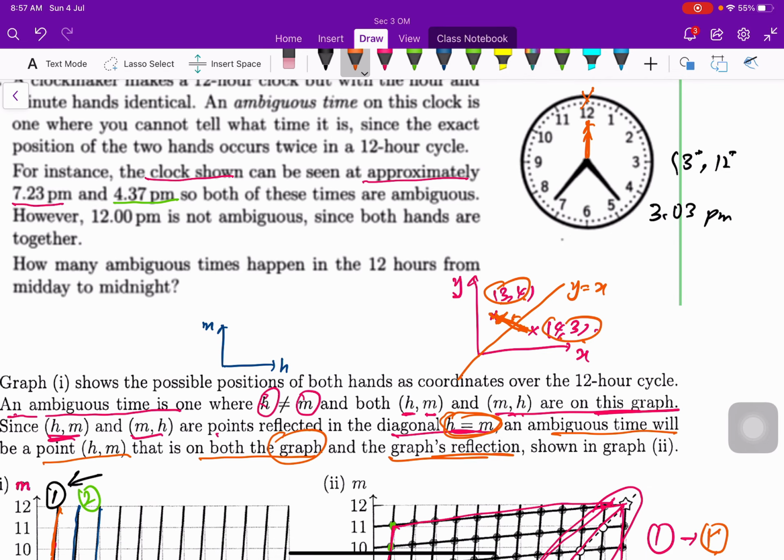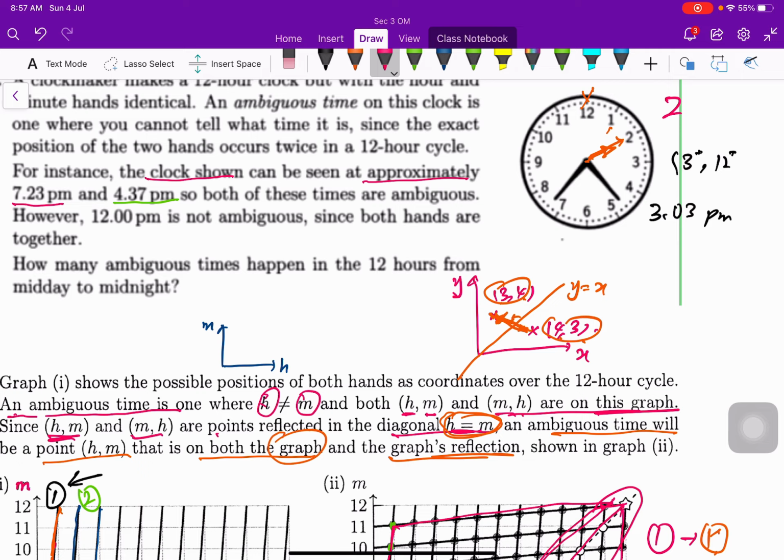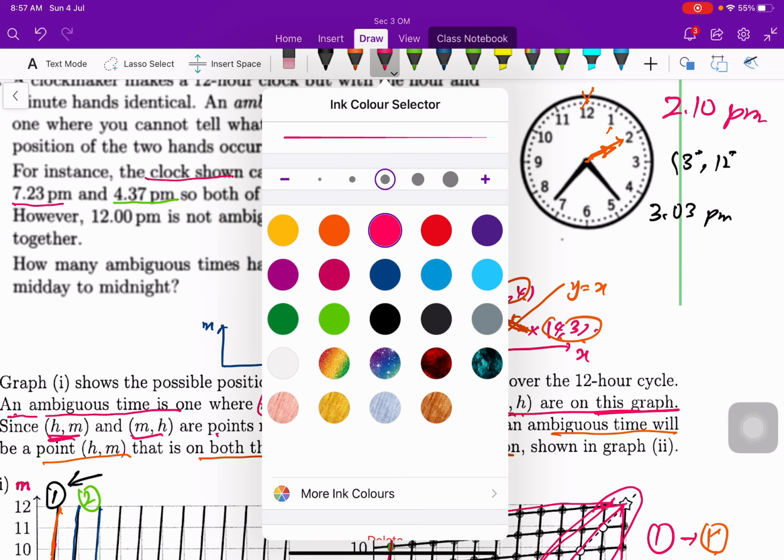And also, just to remind you, in a properly functioning clock, you don't see the hour hand at 2 o'clock, and then you also have the minute hand at 2 o'clock here, right? Because that means your clock is not functioning well. Because why? If it is 2 o'clock 10 minutes, the clock should indicate in this way, right?